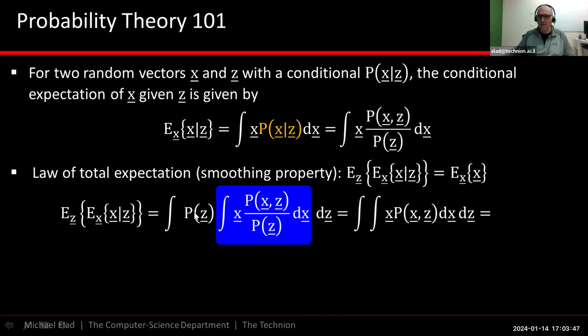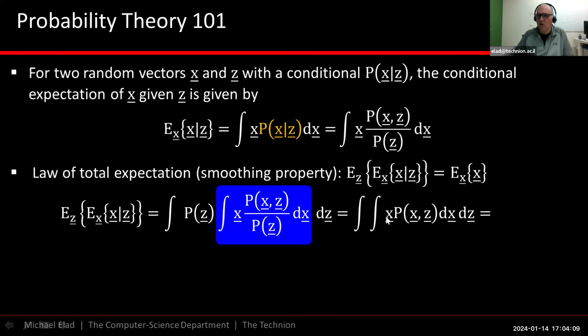The outer part is simply doing the expectation with respect to Z. Take the horrible expression, whatever it is, multiply by P of Z, multiply by dZ, and integrate. Now, obviously, you see that P of Z can go inside and cancel the denominator, which is exactly what you see here. So we have a double integral over X and Z, and this is the expression.